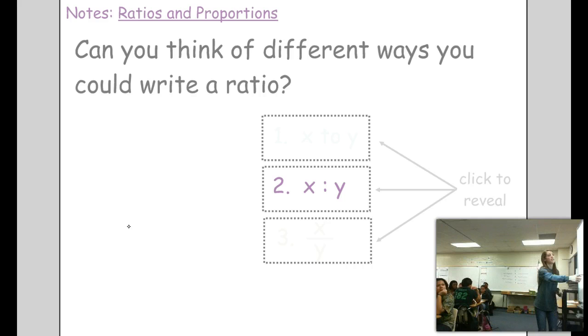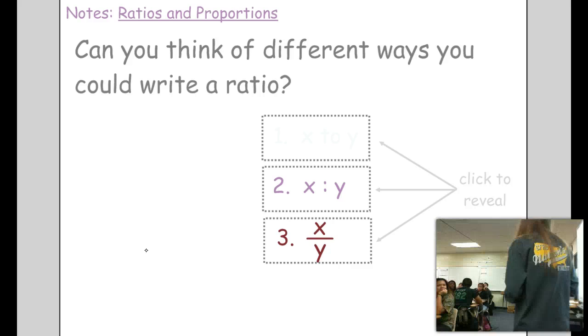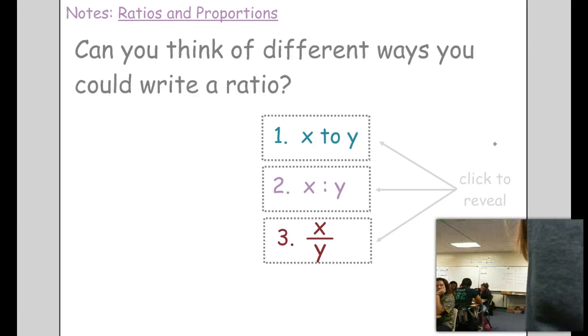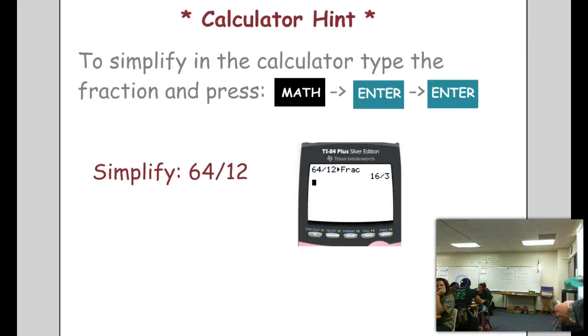A fraction, x over y. There's one more way, with a word in between: x to y. Not x and y, but x to y. It's a comparison, x compared to y.